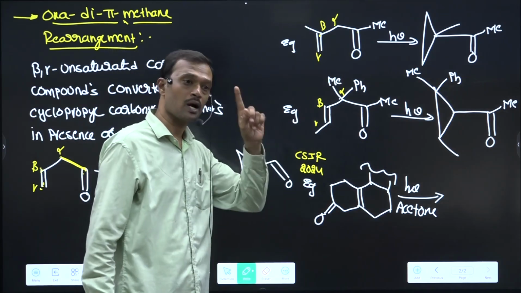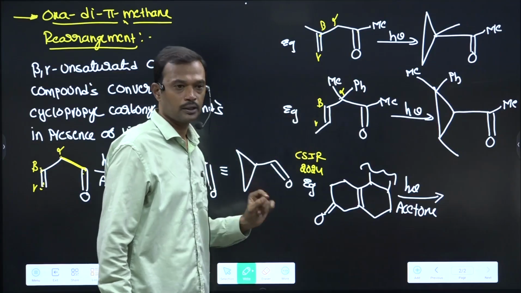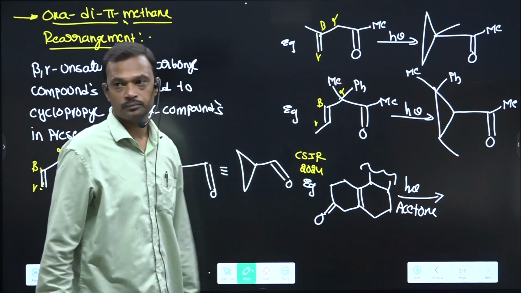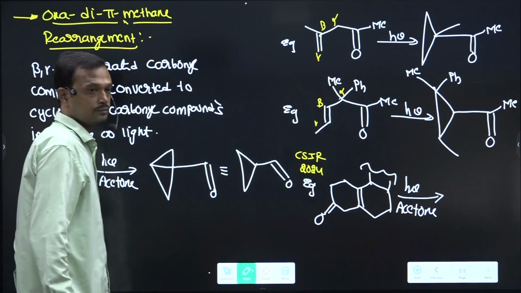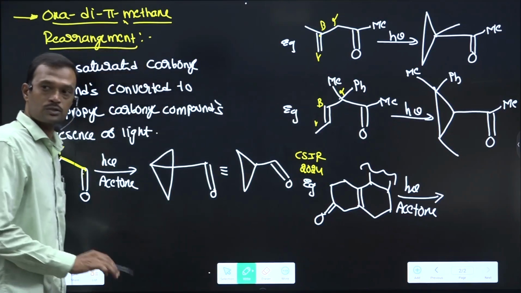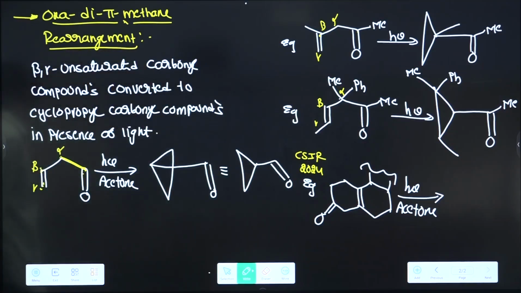As compared to di-pi, oxa-di-pi is very easy and most important. When this is given, think about Narish one. Even with Narish one, the answer remains the same. Apply the technique I gave and you will get the answer.